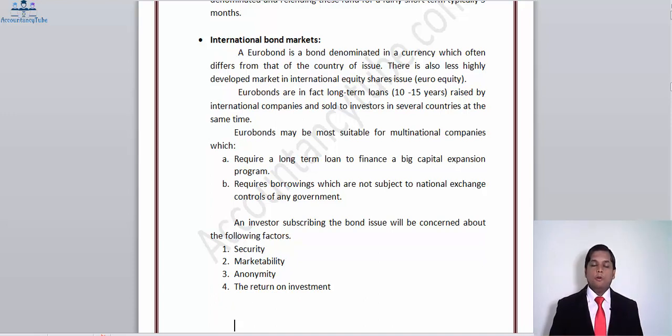That's why Eurobonds are one of the favorite mechanisms of the black economy and money launderers across the world. Then we have the return on investment. Obviously, with all this taken into account, the return is quite good, above the normal return that you would get from a normal bond. So let's keep it here.